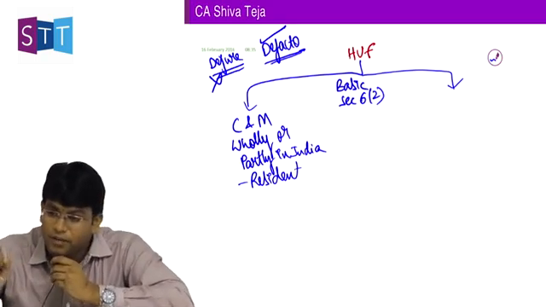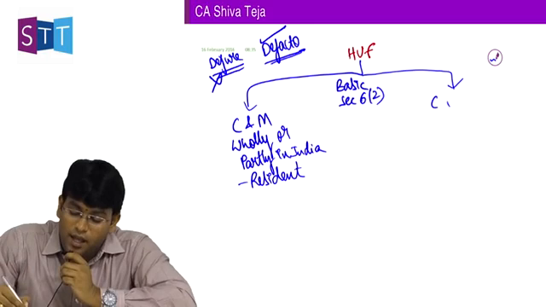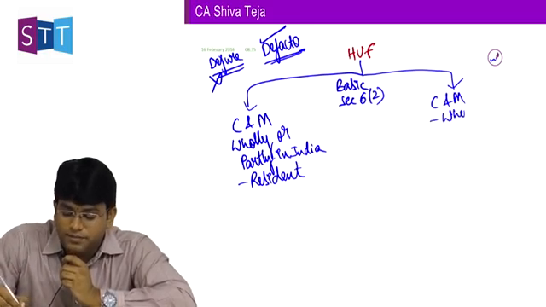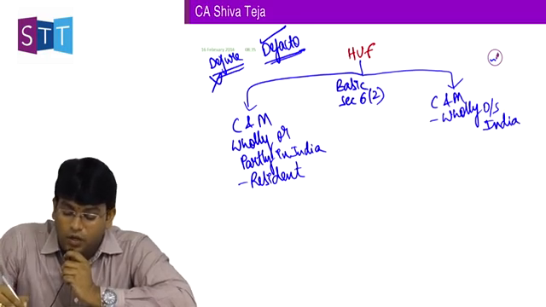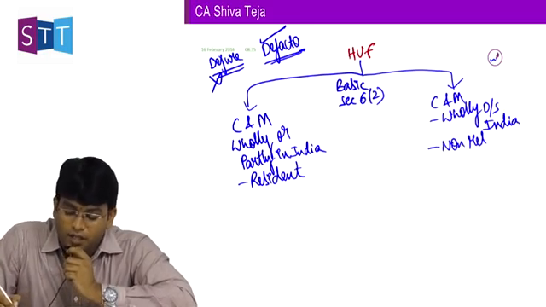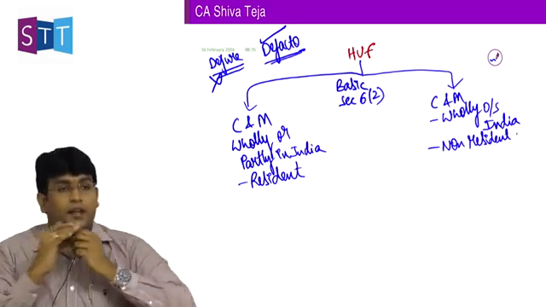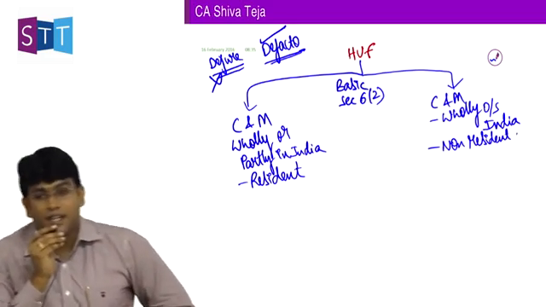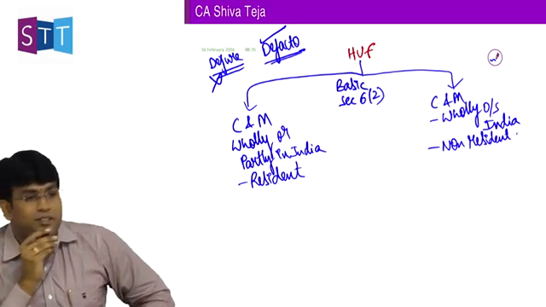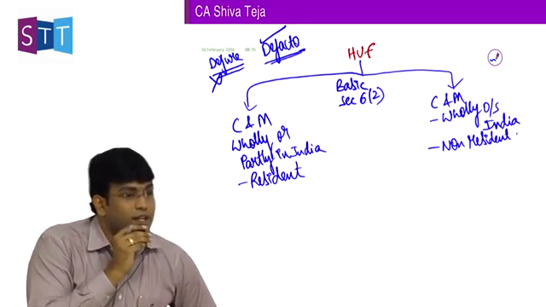If it is only partly in India, we call it resident. If the control and management is wholly outside India, we call it non-resident.